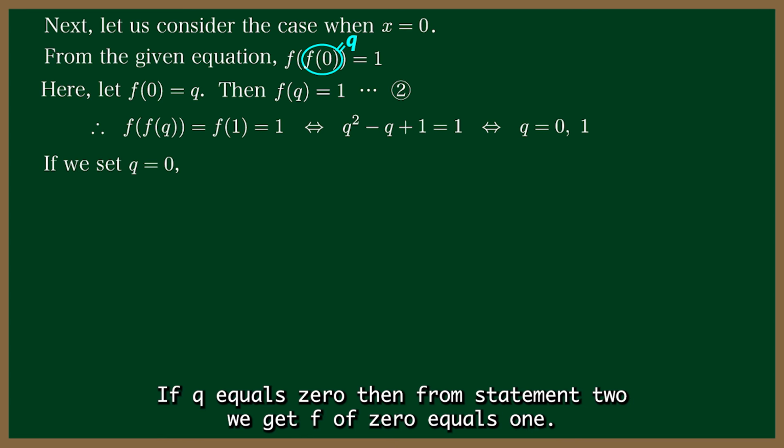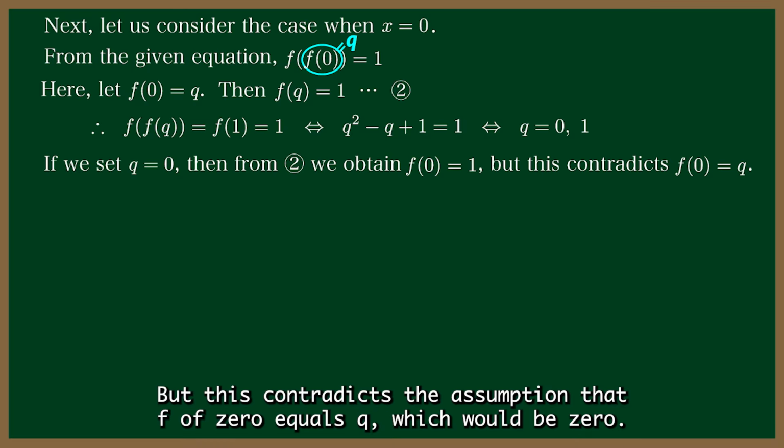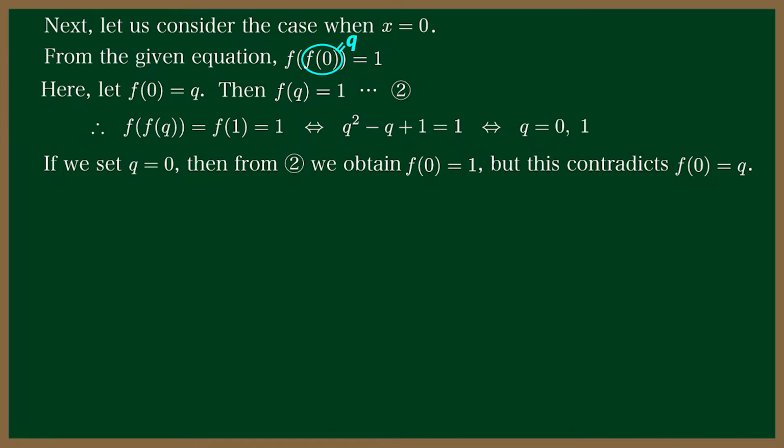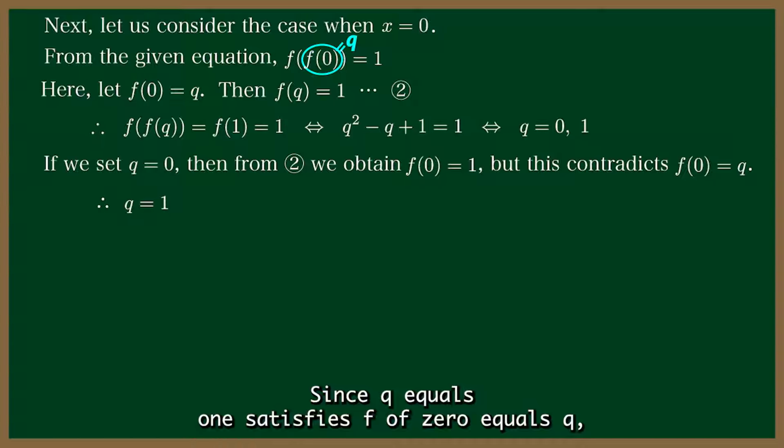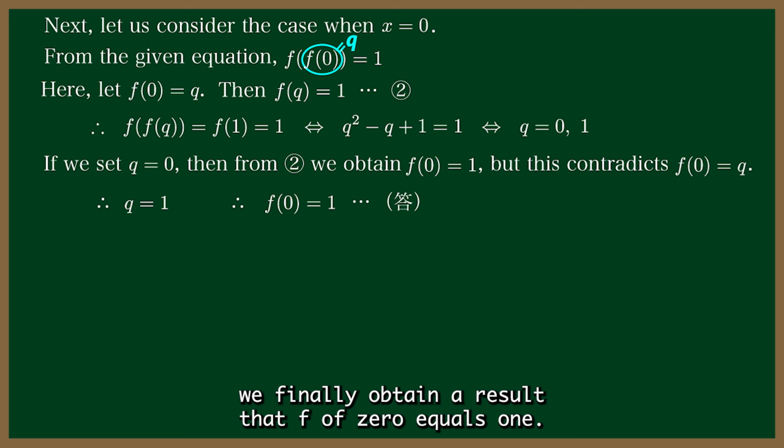If q equals 0, then from statement 2 we get f(0) equals 1. But this contradicts the assumption that f(0) equals q, which would be 0. Therefore, q cannot be 0. So we conclude that q equals 1. Since q equals 1 satisfies f(0) equals q, we finally obtain the result that f(0) equals 1.